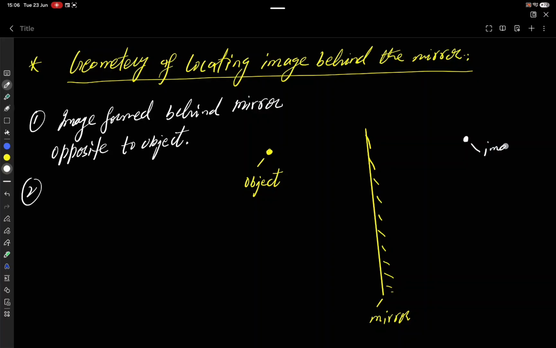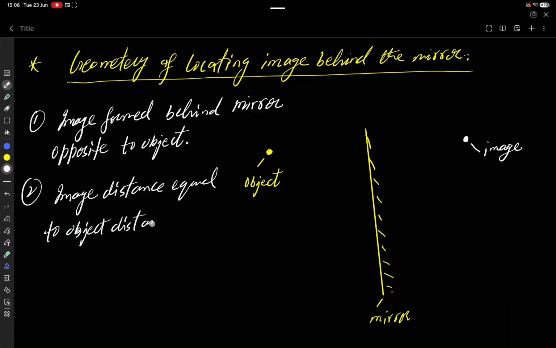This is my image. And at what position? Image distance equals object distance from the mirror. So this is my object distance d1 from the mirror, and this is my image distance d2 from the mirror.